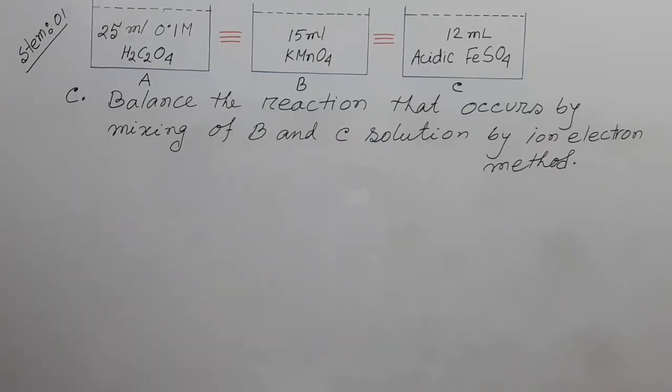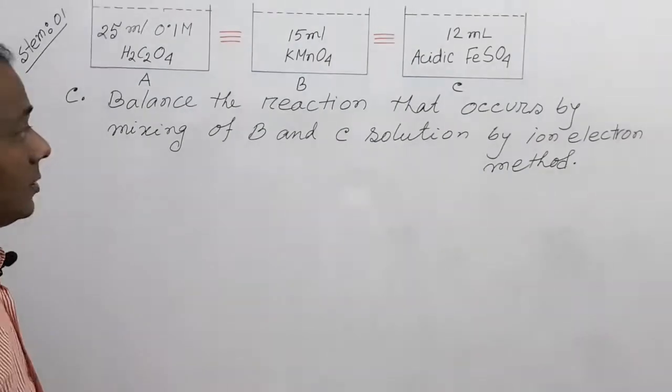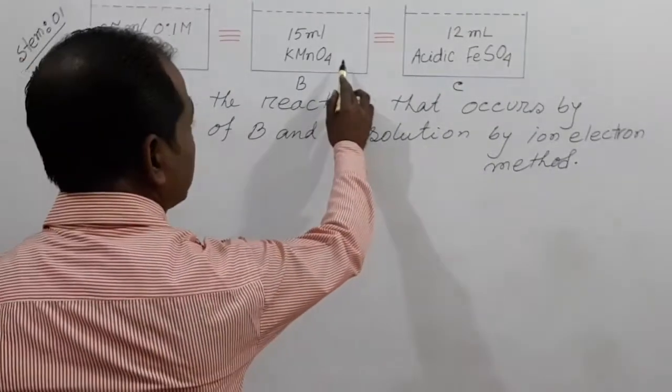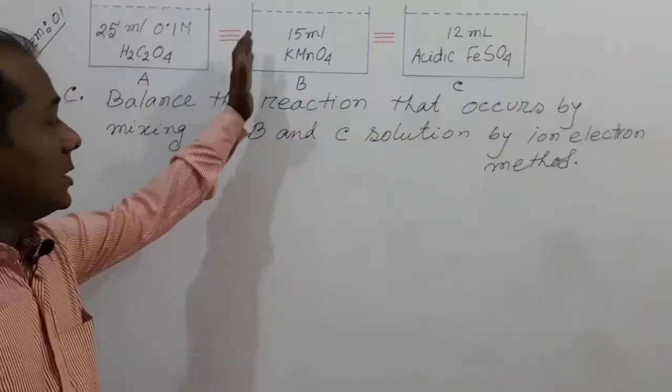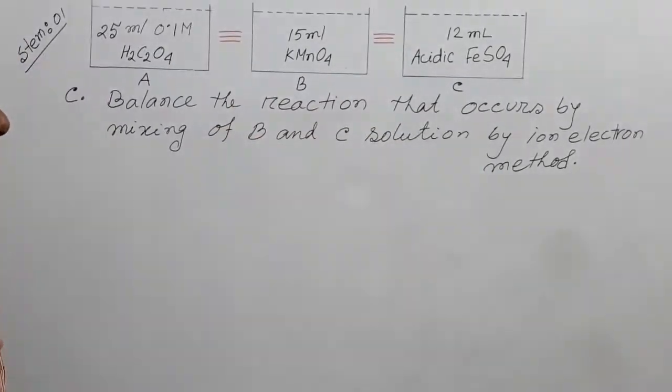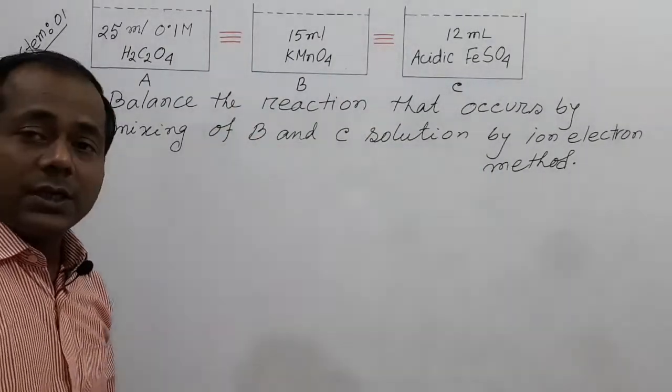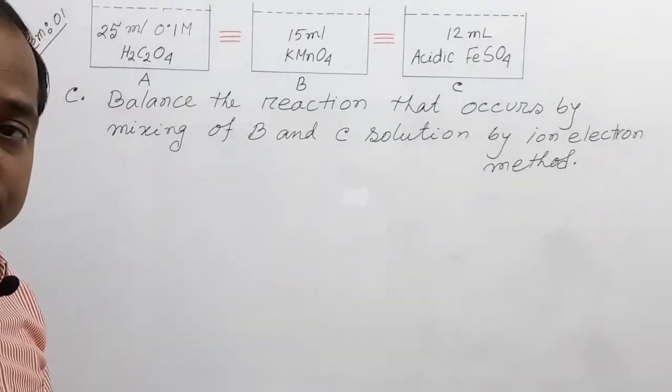My dear students, in this reaction between B and C, potassium permanganate is an oxidizing agent and acidic ferrous sulfate is a reducing agent.